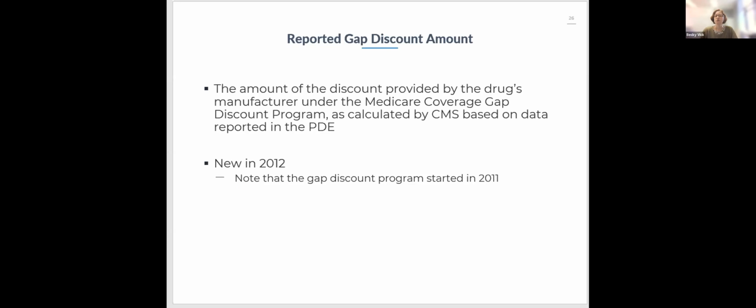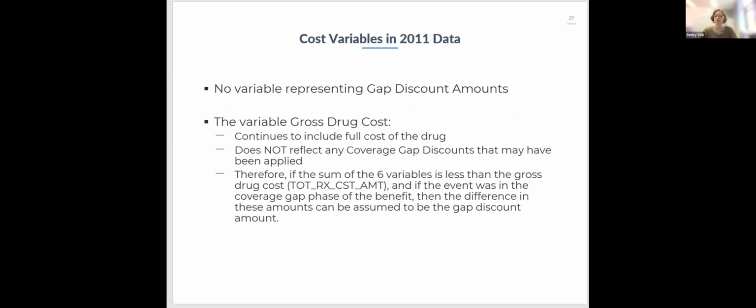It is a new variable to the PDE as of 2012, but note that the gap discount program actually started in 2011. So if you're using the 2011 data, you will not see a gap discount amount variable, but you can calculate it.